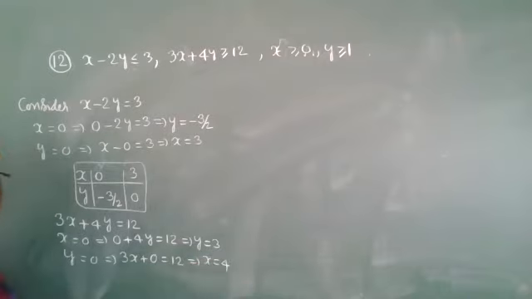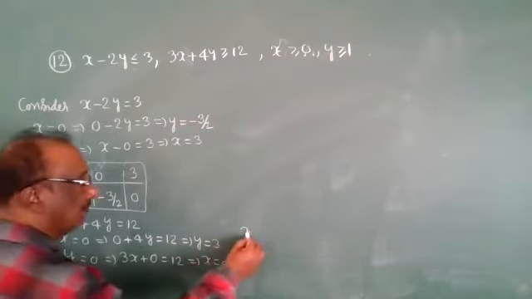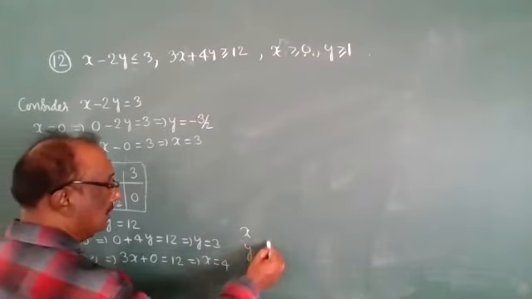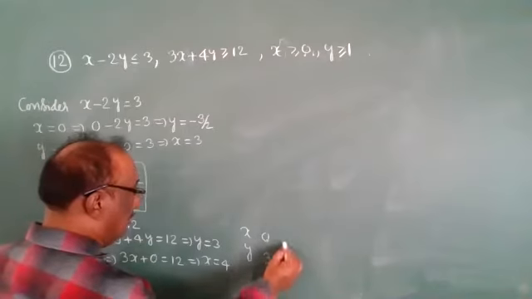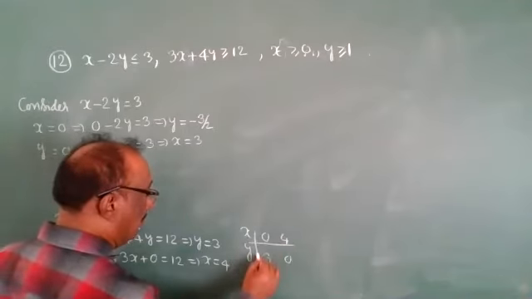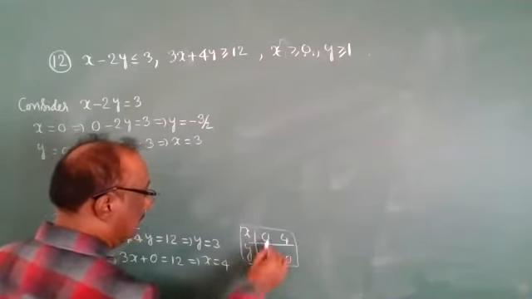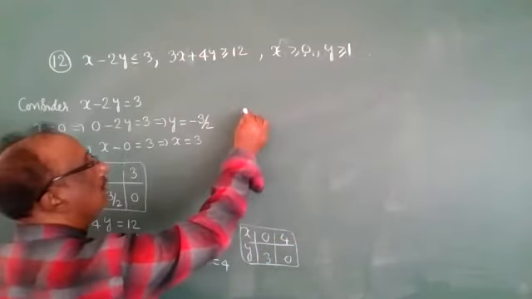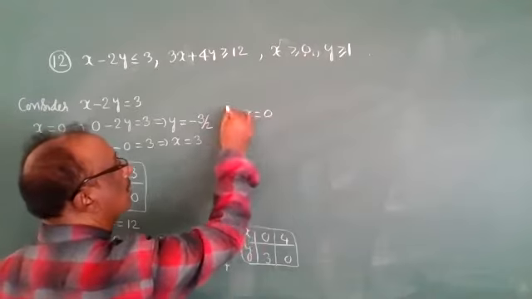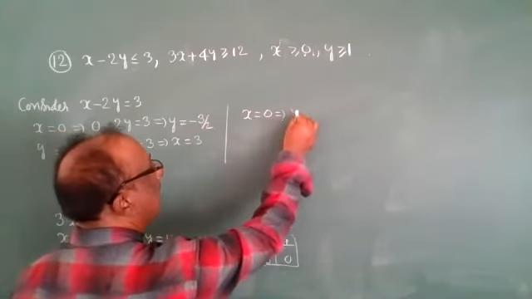Immediately write down the table: x, y. When x is 0, y is equal to 3. When y is 0, x is equal to 4. One more table is completed. Right, last one, x is greater than or equal to 0. x is equal to 0 means the y axis.